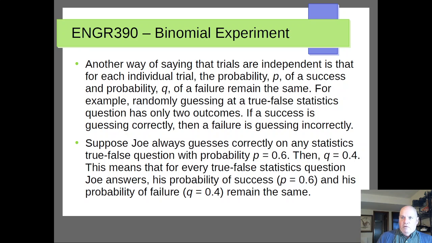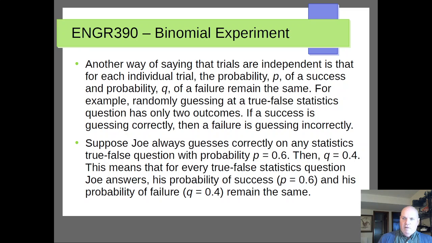Another way of saying the trials are independent is that for each trial, the probability of success and the probability of failure remain the same. They don't change from trial to trial. For example, randomly guessing at a true-false statistics question only has two outcomes. If a success is guessing correctly, then a failure is guessing incorrectly. So this is an example from the book. It says, suppose Joe always guesses correctly on any statistics true-false question with probability P equal to 0.6, then Q is equal to 0.4.